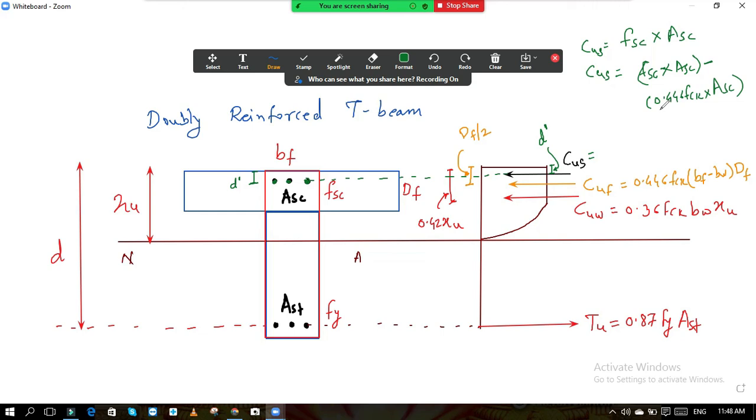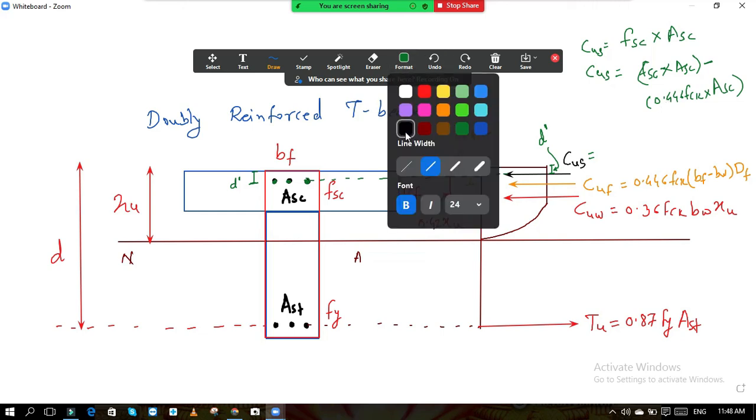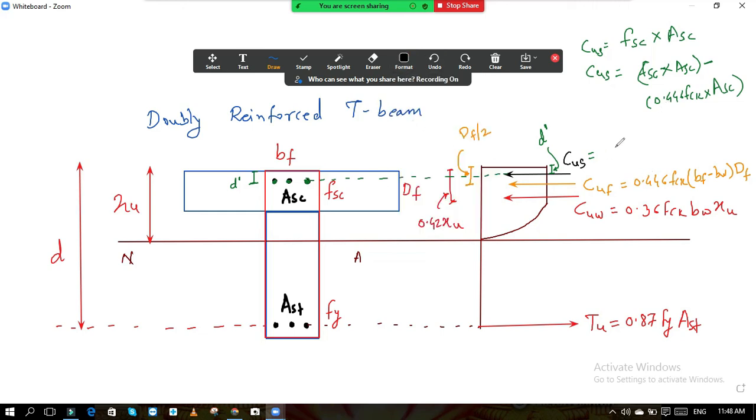So the same concept will be here. So finally it will become fsc minus 0.446 fck, into Asc.